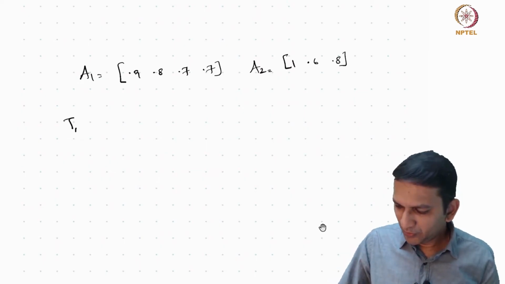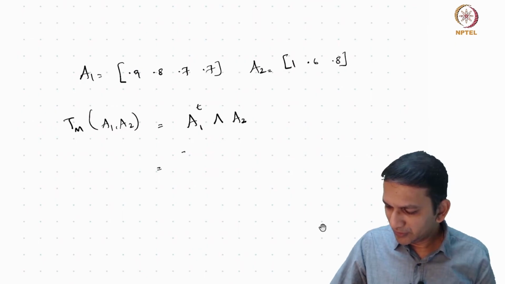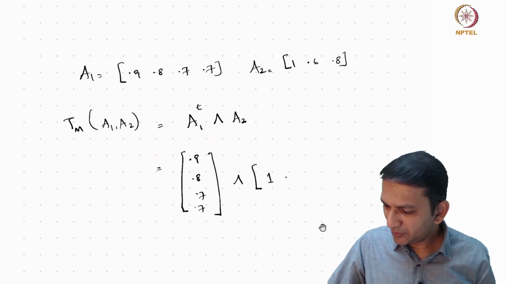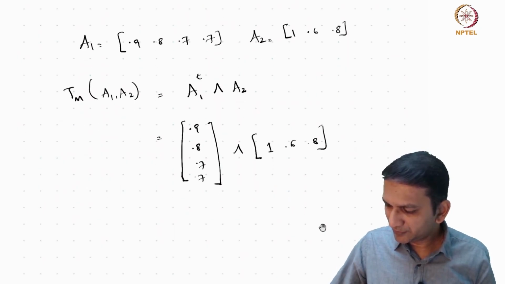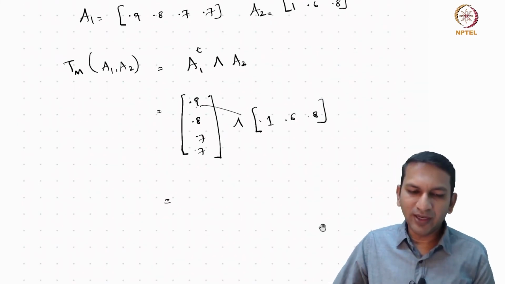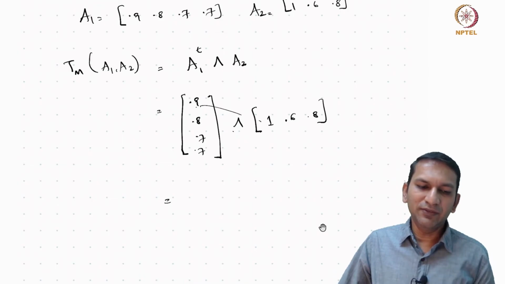Now we want to talk about the combination of A1 and A2. It's nothing but A1 transpose and A2. What do we mean by this? 0.9, 0.8, 0.7, and apply the minimum operator with 1, 0.6, 0.8. So once again, we are taking 0.9 and multiplying with this row vector, but the multiplication operation is given by the minimum.